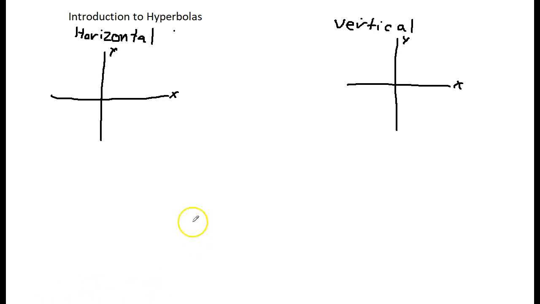Okay? Now, first of all, if I want to write an equation for a horizontal hyperbola, I am going to put x squared over a squared, minus y squared over b squared equals 1.